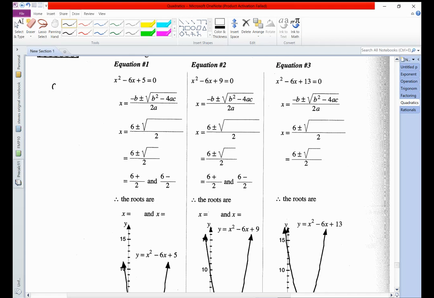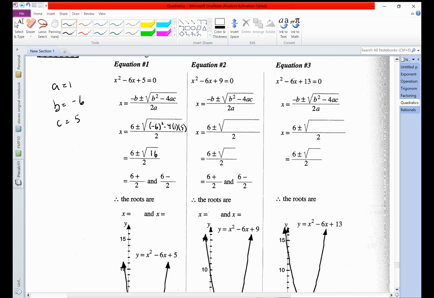So I know in this one, a is 1, b is -6, and c is 5. So underneath our square root sign, we are going to say -6 squared minus 4 times 1 times 5. That all reduces down to +16.